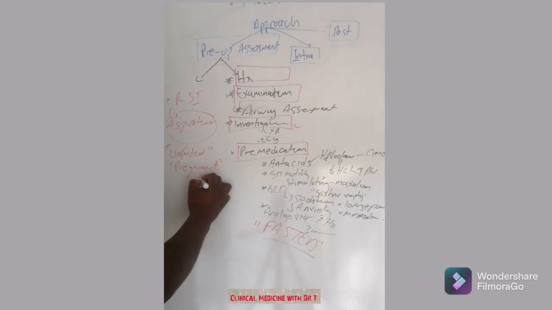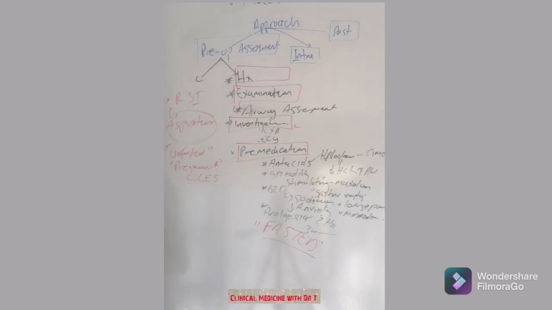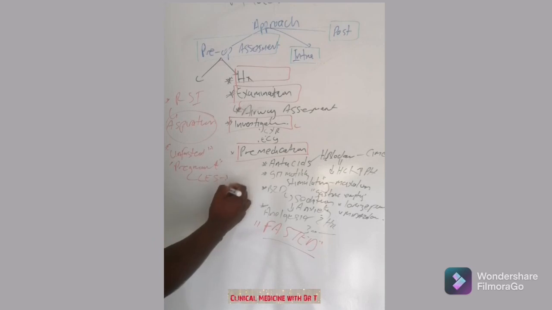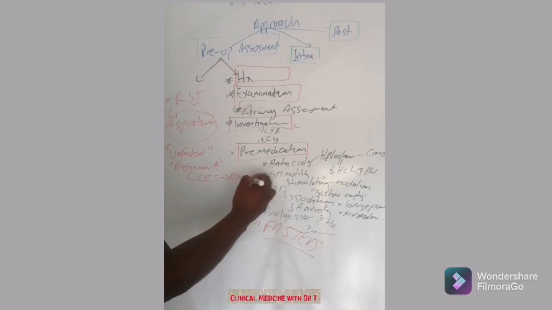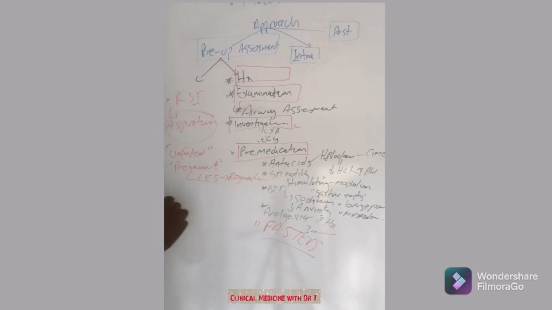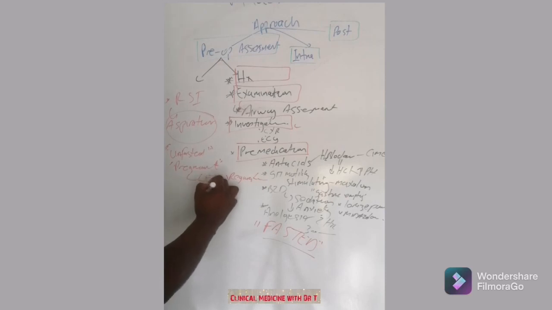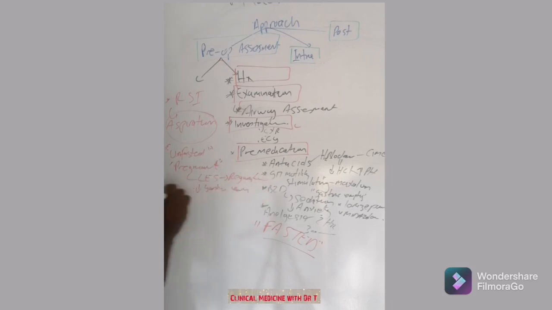Their lower esophageal sphincter tends to relax in pregnancy, and it's easy for them to regurgitate. Another thing is that they've got delayed gastric emptying. That's pregnant women. We are going to talk about these things when we do RSI.